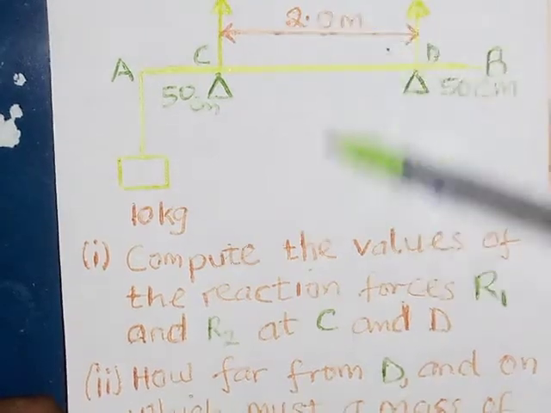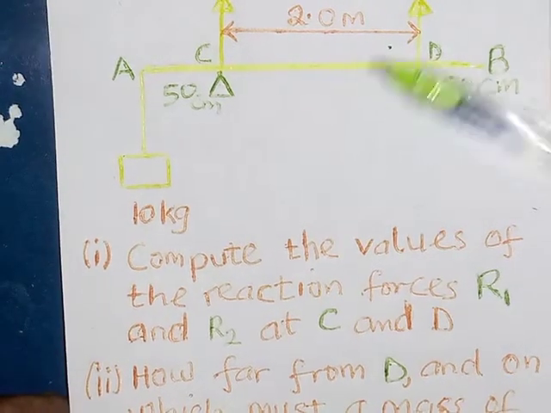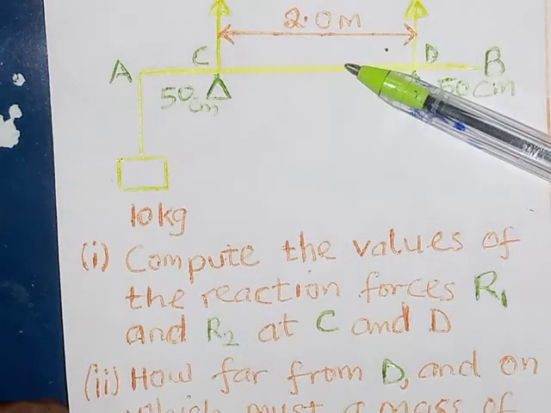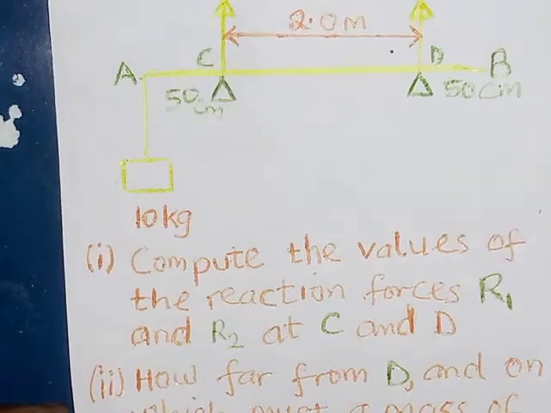Now this will represent the beam. I'm going to change these to forces, then indicate where the weight acts. Remember they said that the center of gravity of this plank is 2.0 meters from point A. So I'm going to include all of that on this diagram.